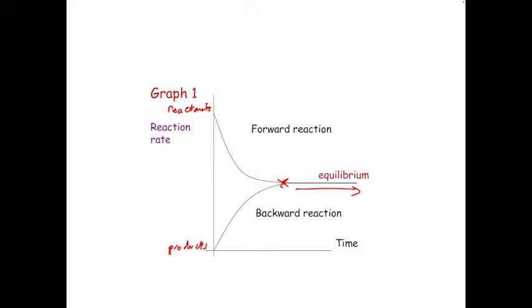Hopefully that makes sense. If you need to pause, you can stop here and try to get your head around this. It is quite tricky, so it might take a few listen-throughs to make sense of it. But essentially, when the forward reaction and backward reaction are the same, that is when you have equilibrium set up.